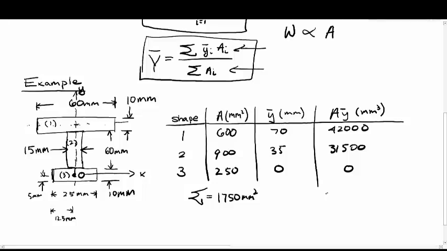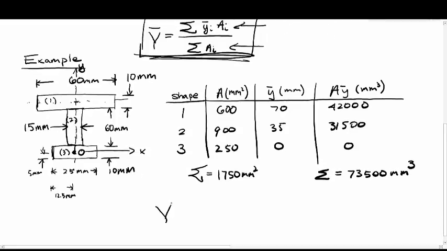And we also need the summation of the area times y bar, which is equal to 73,500 millimeters cubed. So now I'm just going to plug and chug into this equation again.